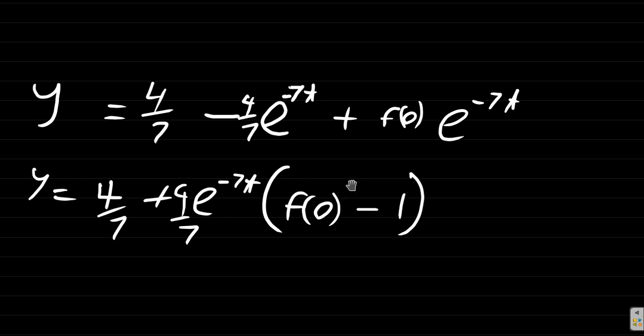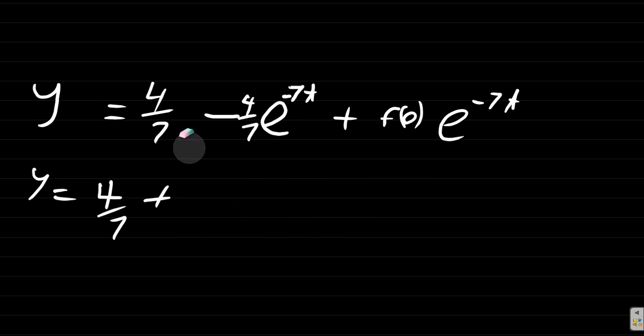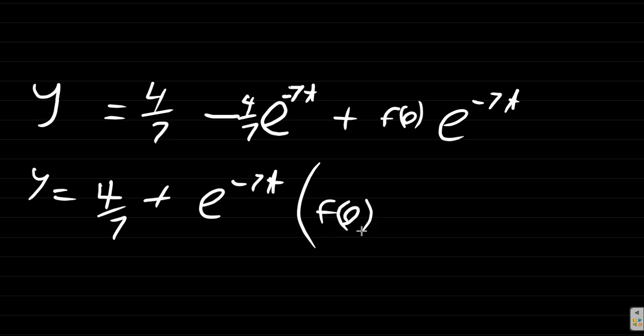And then what we would have is an open bracket, with e to the negative 7t outside the bracket. I would have to redo the factorization part again. So it would have been e to the negative 7t open bracket f(0) minus 4 over 7, right?